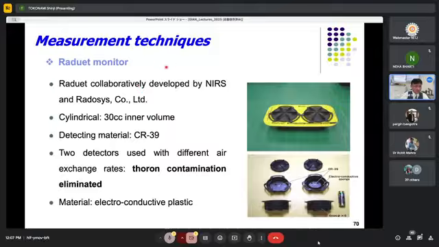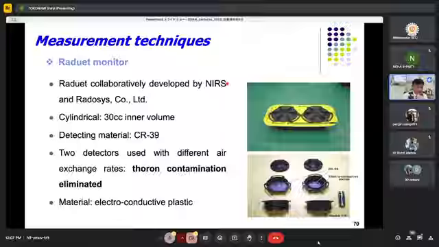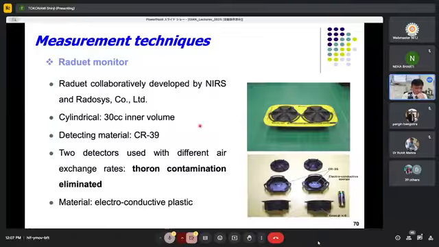So I can explain the passive radon-toron discriminating monitor. Namely, Radiate. Radiate was collaboratively developed by NIRS, my previous workplace, and Radosys company in Hungary. The shape is cylindrical, the inner volume is 30 milliliters, quite small.